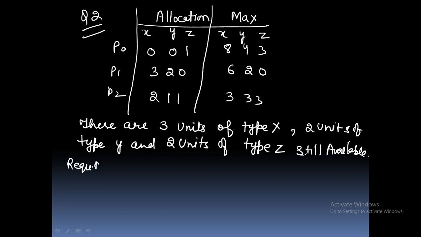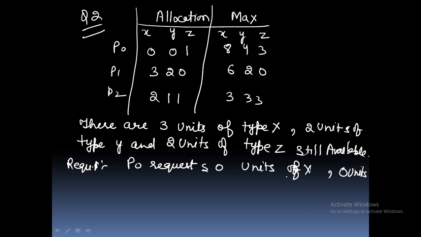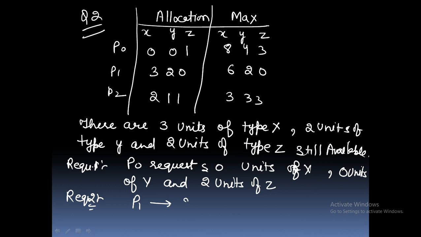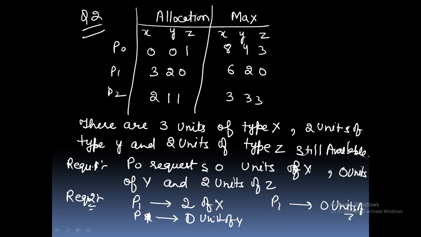Request 1: P0 requests 0 units of X and 0 units of Y and 2 units of Z. In request 2, P1 requests 2 units of X, 0 units of Y, 0 units of Z. Which of the following is true?